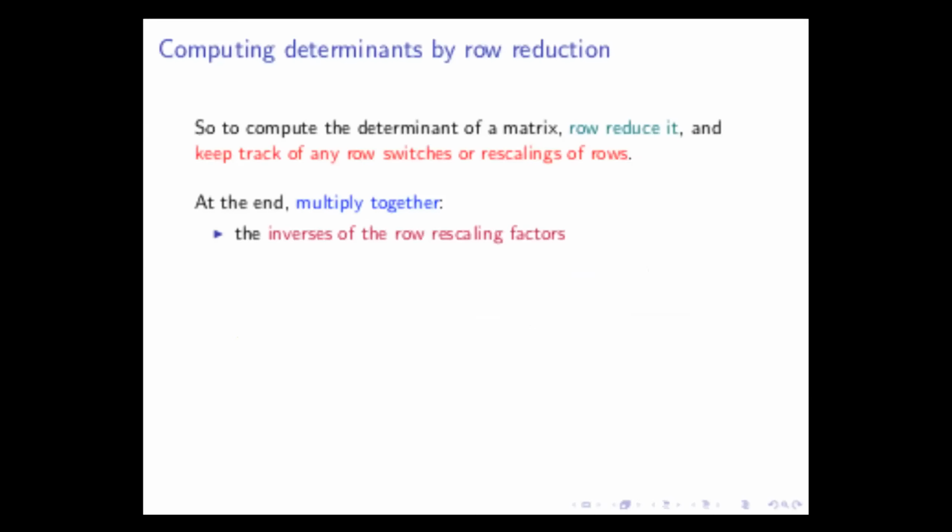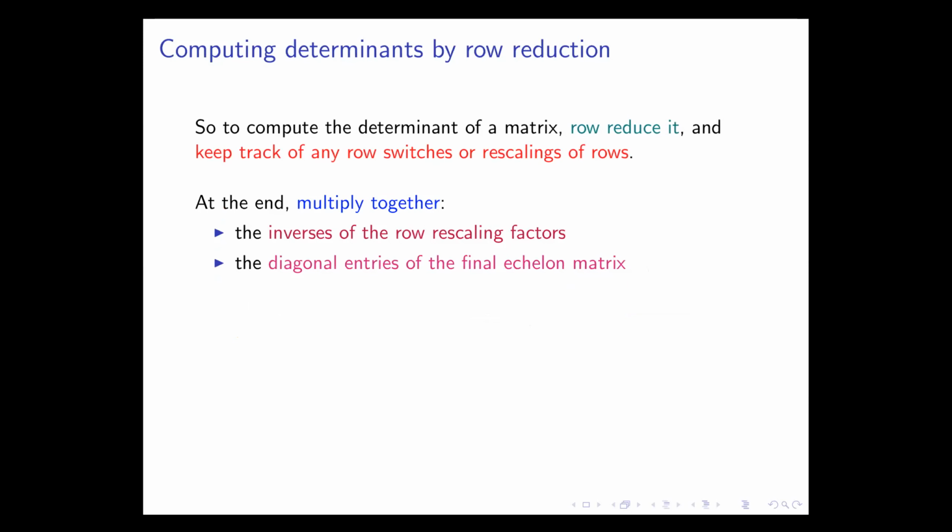And in the end, we multiply together the inverses of the row rescaling factors, the diagonal entries of the final echelon matrix, and the -1 to the number of row swaps, right? So if we did any row swaps, we have to count them, and if the number is odd, we multiply by -1. If the number is even, we don't do anything.